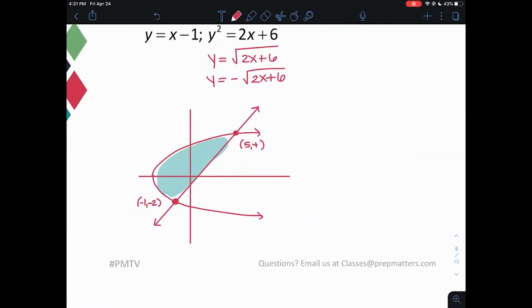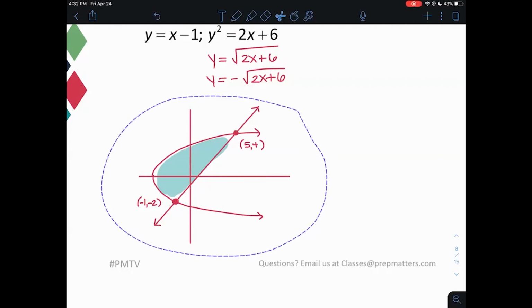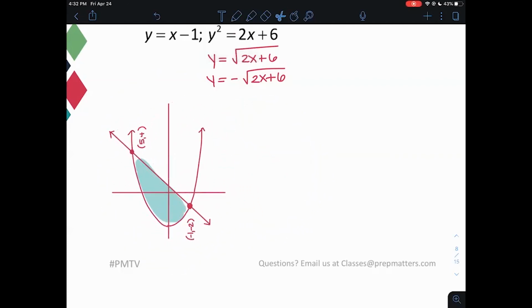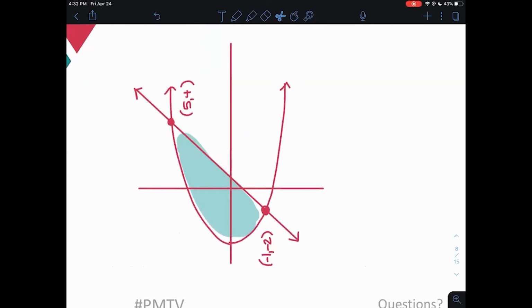Now again, we don't have this clear upper bound, lower bound, or upper curve, lower curve, left bound, right bound situation when we look at the function as it is. But if we turn this function the opposite way, then we do have a very clear upper curve, lower curve, left bound, right bound.